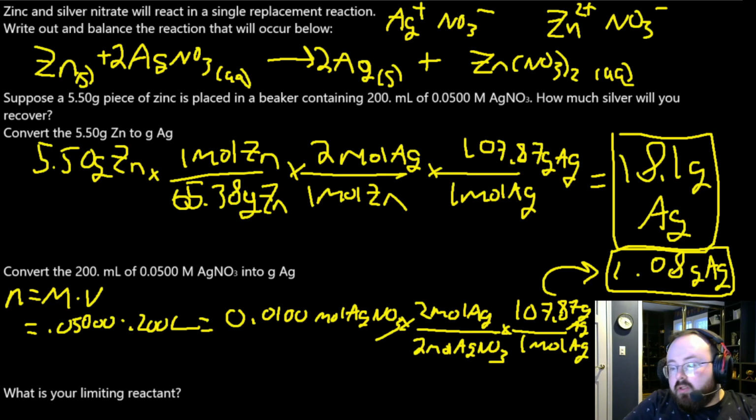Okay, so doing all of this math, we converted into moles of AgNO3 and then converted that into grams of silver, and we got 1.08 grams of silver.